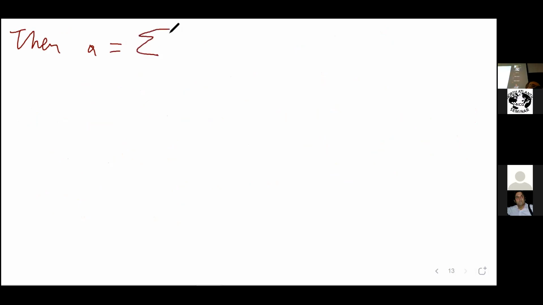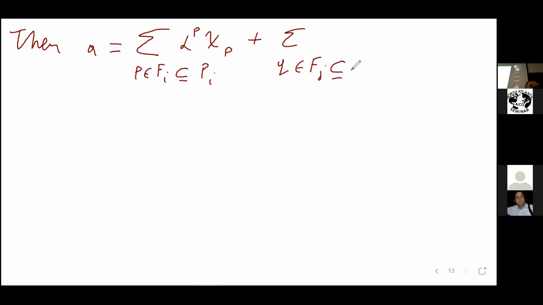So I write it as a sum over paths P that run some subset Fi of Pi. Here I have my coefficients alpha P, chi P. And now it is plus a sum over Q running another set, let me call it Fj, which is now a subset of Pj. And I have alpha Q chi Q.